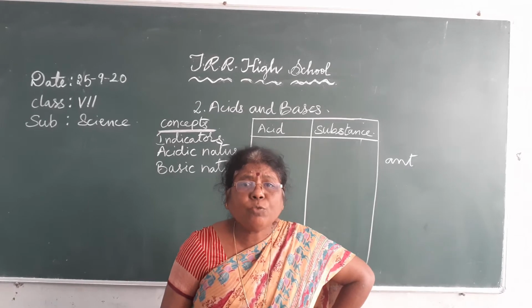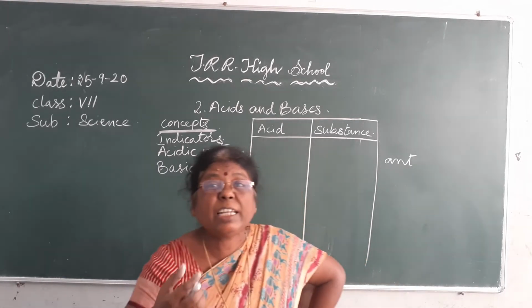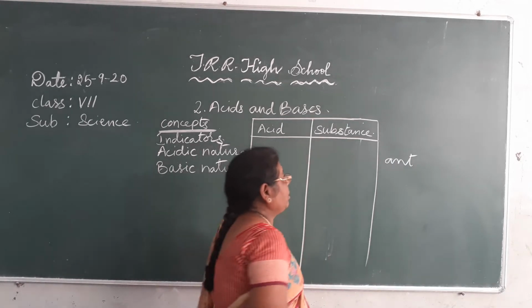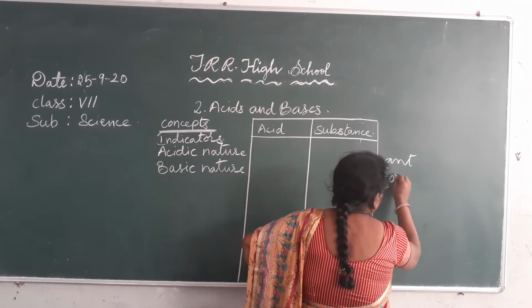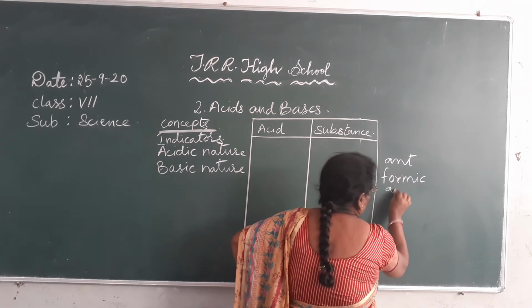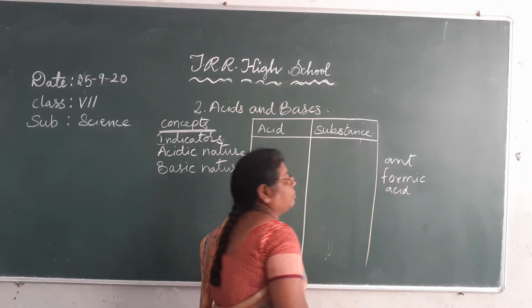Why do you feel the burning sensation? When the ant bites you, it releases an acid. What is that acid's name? Formic acid is released by the ants, which gives you the burning sensation.